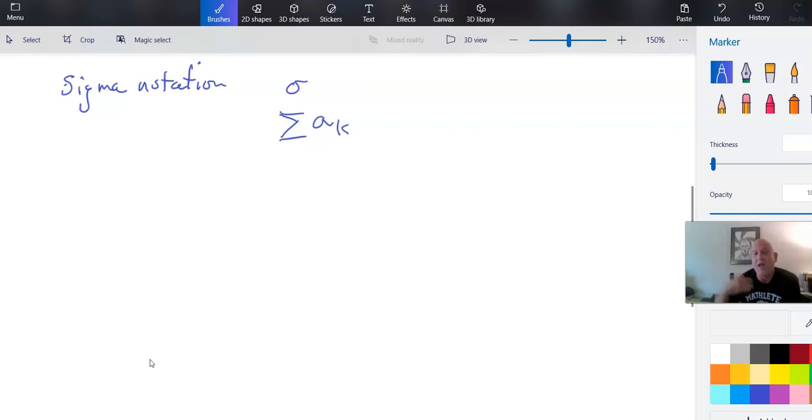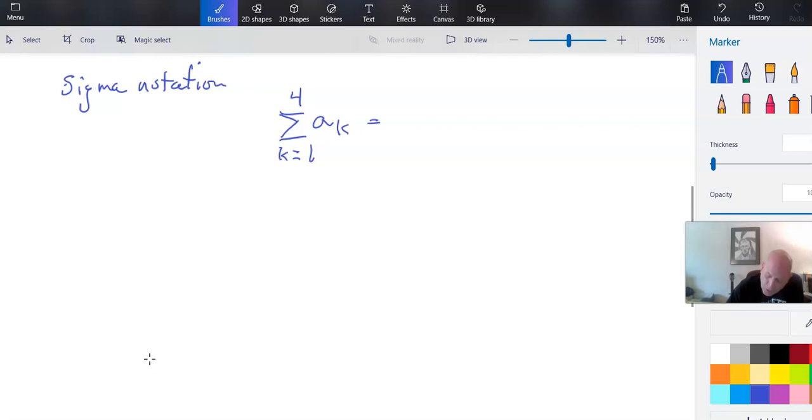Then what you do from there is you note what the values of k are going to be. So I'm going to say we want everything from k equals 1 to 4. Let's keep it small for right now so we can just focus on the concept.